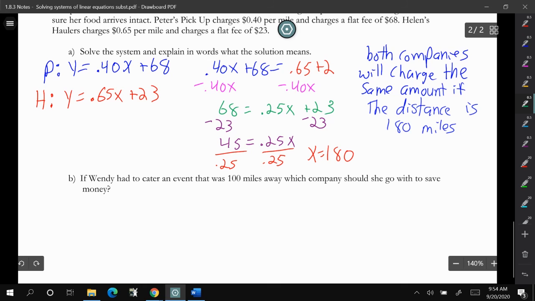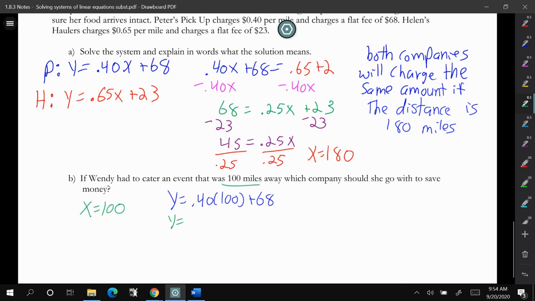So we're going to plug in 100 for x in both equations and see which one is cheaper. So for Peter's, it's 0.4x plus 68. So we will do y equals 0.40 times 100 plus 68. So y equals 0.40 times 100 is going to be 40 plus 68, and that will give us 108.